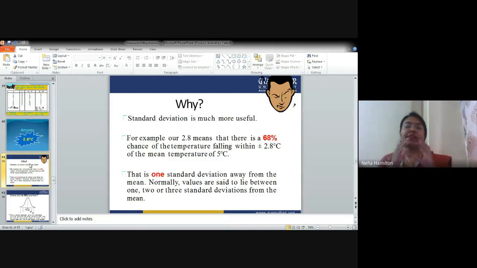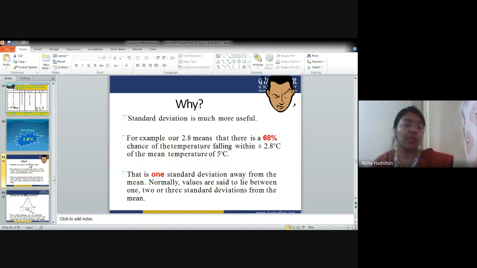So we are getting a figure of 68% probability. 68% is what standard deviation gives, right? It is a 68% chance of temperature falling within plus minus 2.8 degrees Celsius of the mean temperature of 5 degrees Celsius. This sentence is very important.